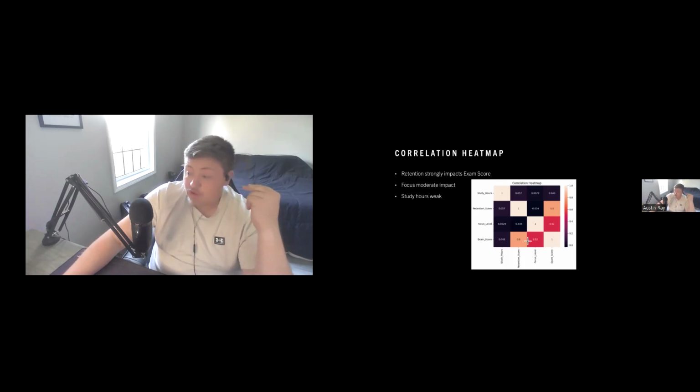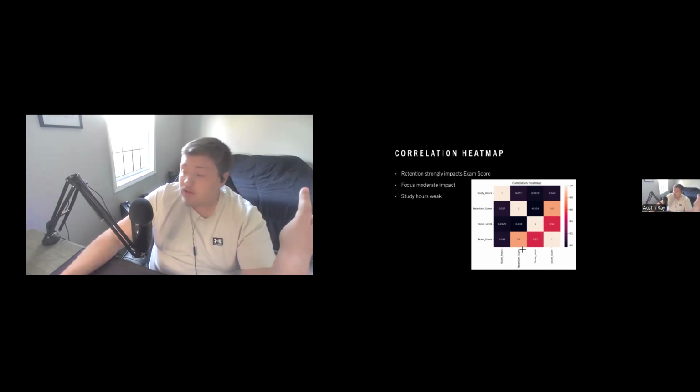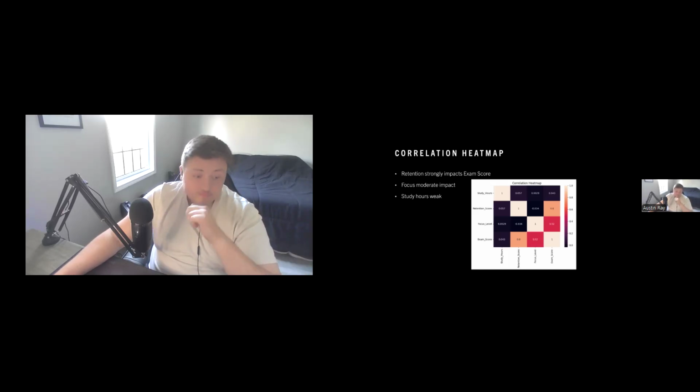Exam to retention score is 0.8, so 80%. The next one is focus level and exam scores, which is about 50%. The most important relationship is definitely retention to exam score.